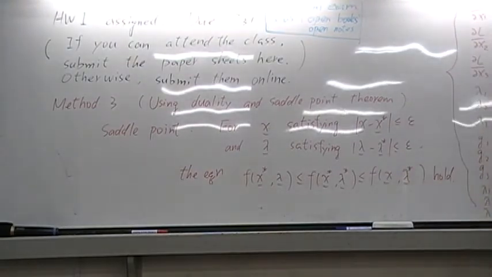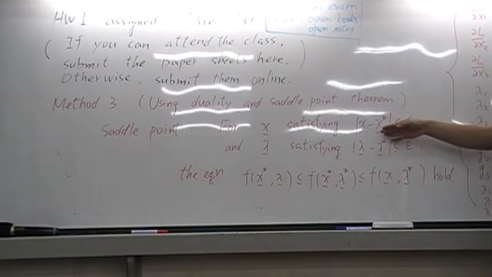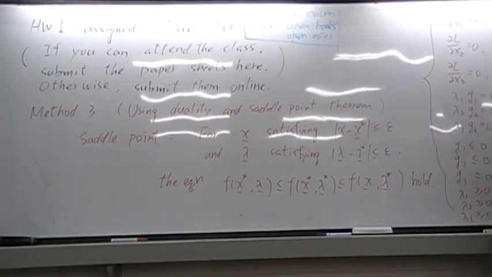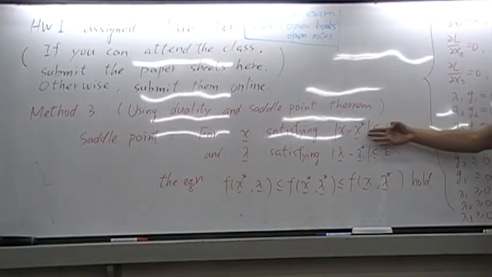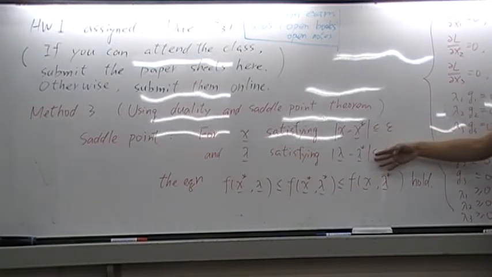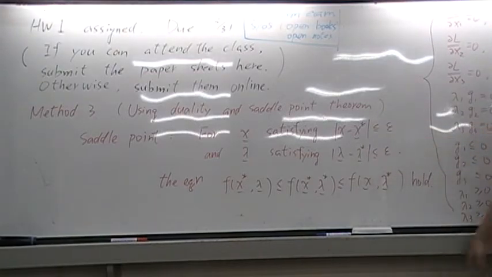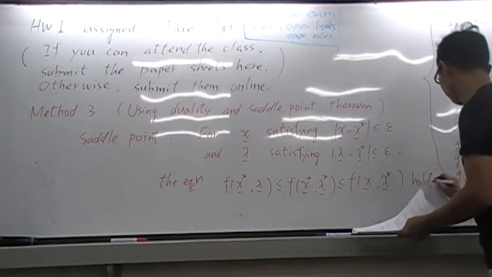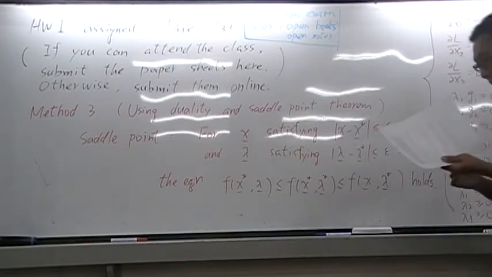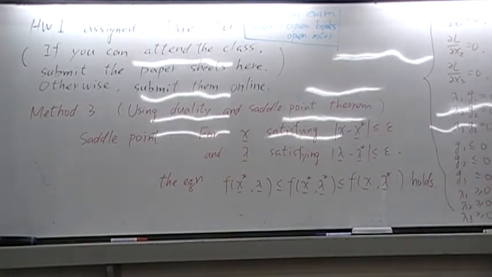So this is the so-called saddle point if this kind of condition is satisfied. That is, for x and lambda near x star and lambda star, this kind of inequality holds. So what does this mean?